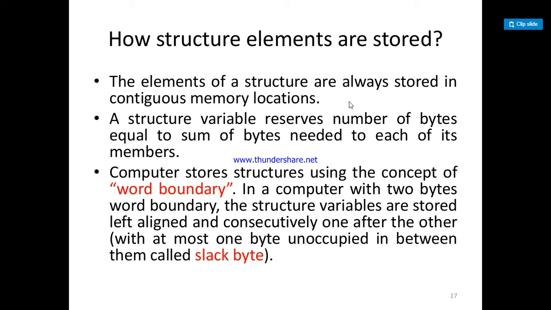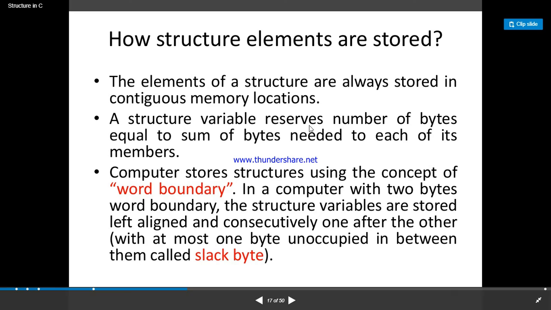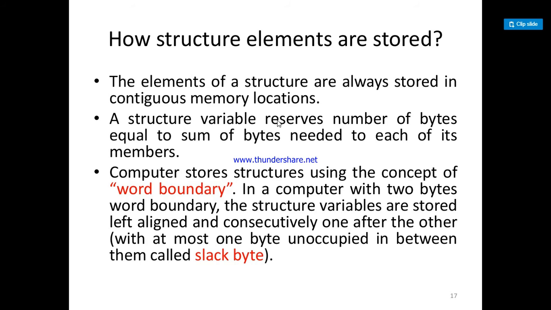Like our array, in an array the elements are stored in a consecutive manner. In the structure also, the variable reserves a number of bytes equal to the sum of the bytes needed for each of its members. These bytes are calculated by the data type. An integer requires 2 bytes on one type of processor, so it allocates 2 bytes.